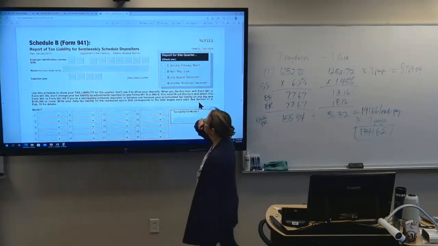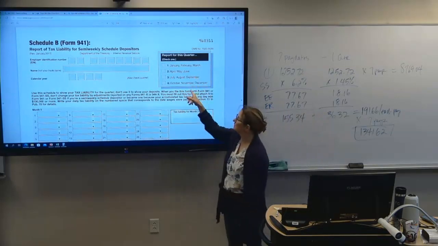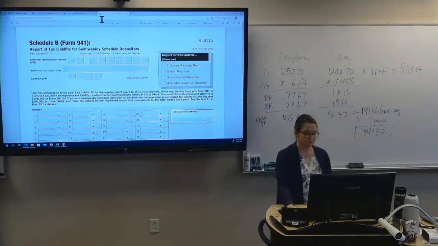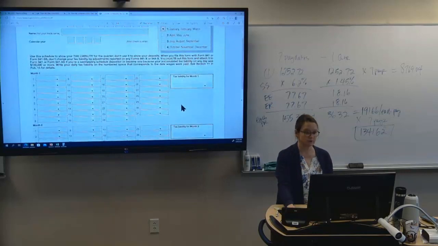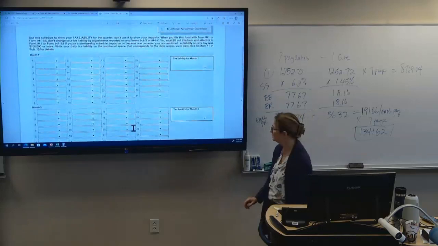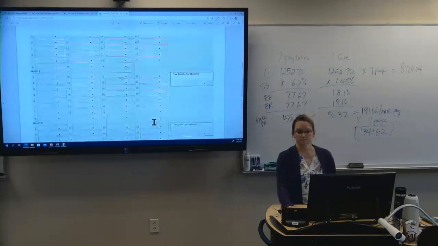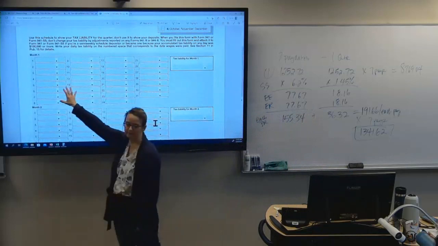Calendar year is entered here, so this can be used for multiple years. Again, we're going to mark the quarter that it pertains to. In this case, for this particular employer, we would be marking January, February, March, because that was what's on their 941. You'll see on the Schedule B there are 3 months, and there are 31 boxes for each of the months. So in this case, month 1 would be January.